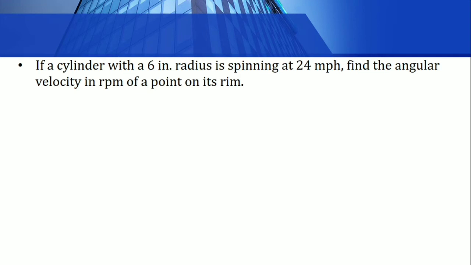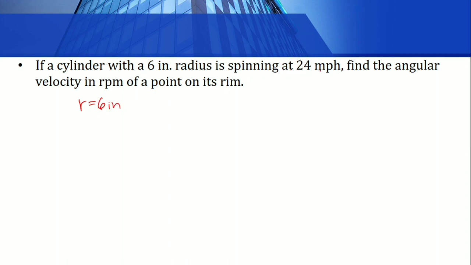So, next problem. So, if a cylinder with a 6 inches radius is spinning at 24 miles per hour, find the angular velocity in RPM or in revolutions per minute of a point on its rim. So, meron na naman tayong radius, which is 6 inches, and yung spinning at 24 miles per hour.